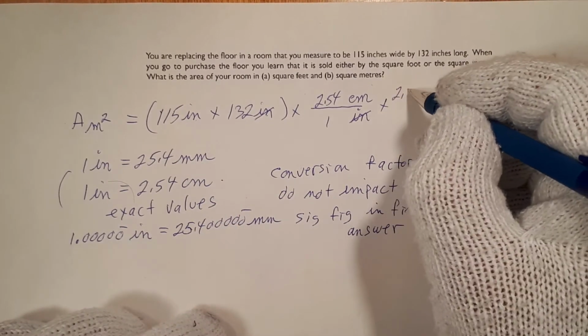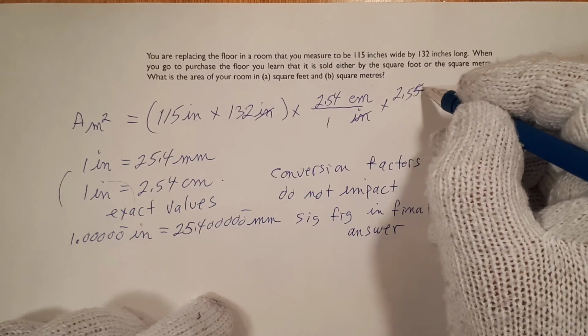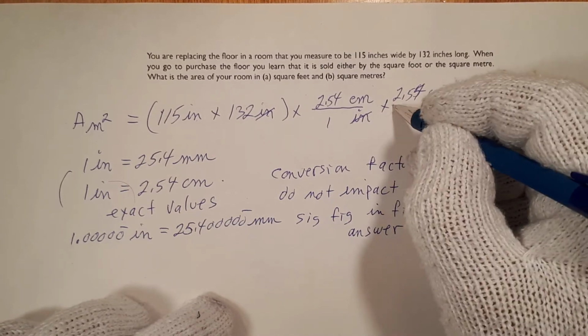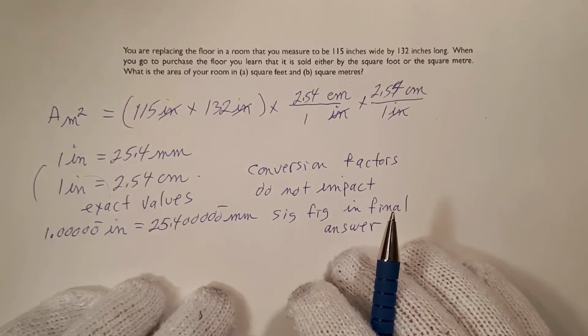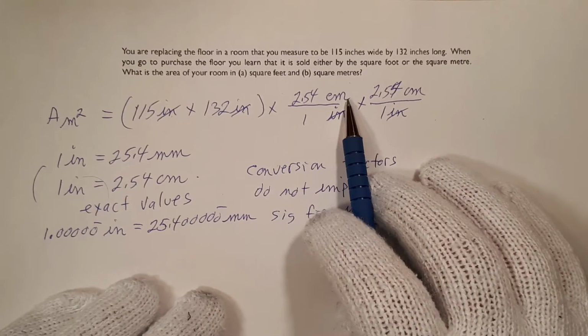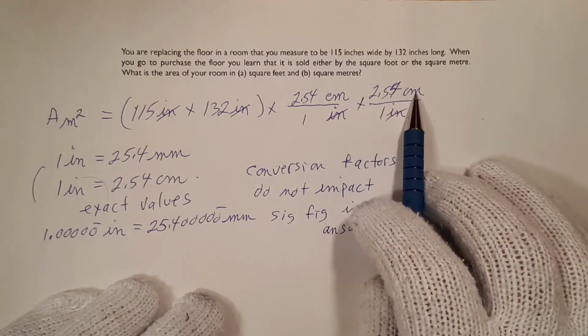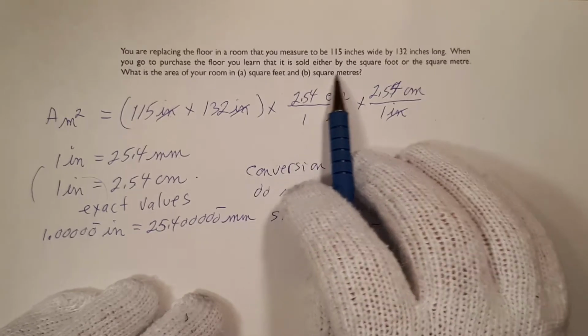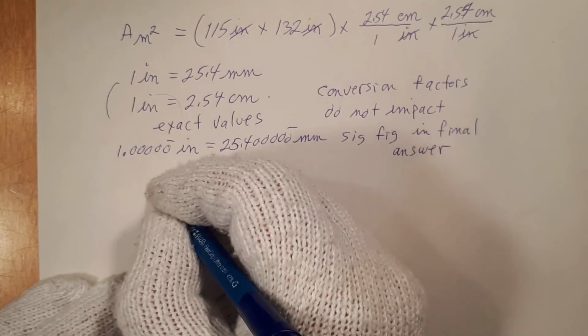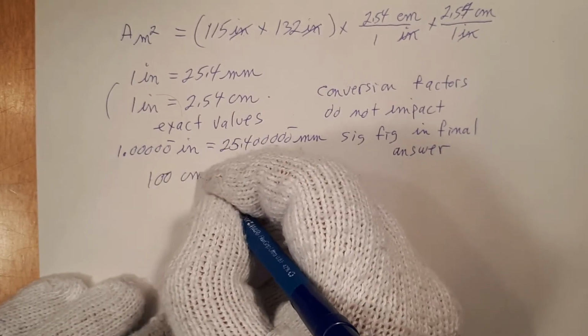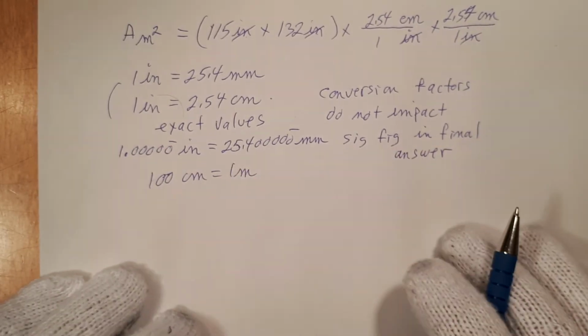Times 2.54 centimeters to 1 inch, and inch cancels out again. This effectively changes this to square centimeters, centimeters times centimeters, but I need to go to square meters. And we all know that 100 centimeters is equal to 1 meter.